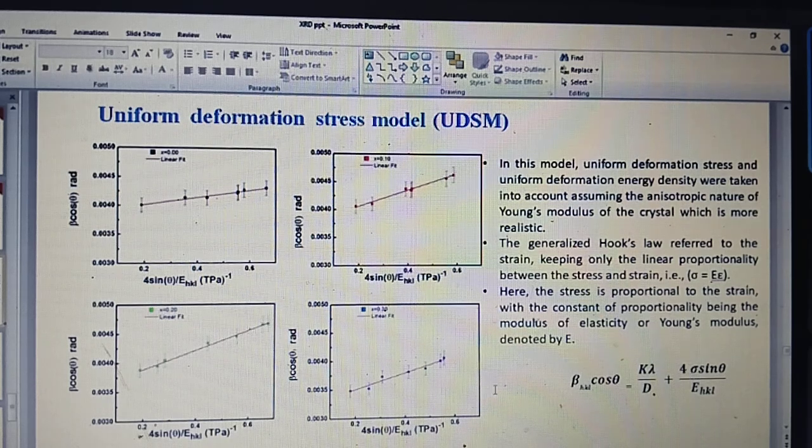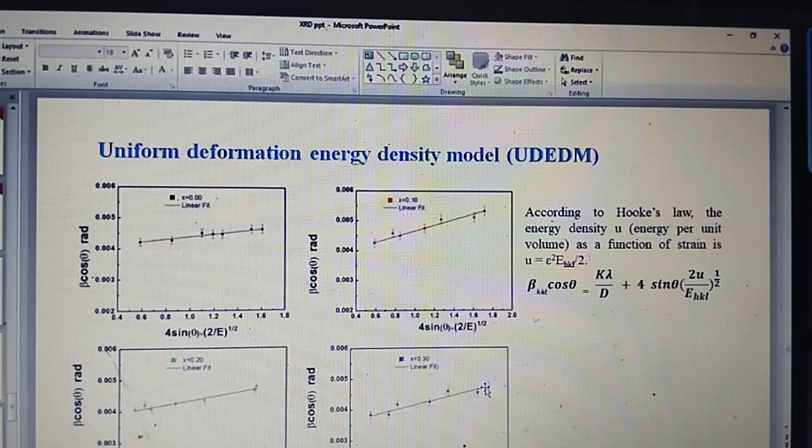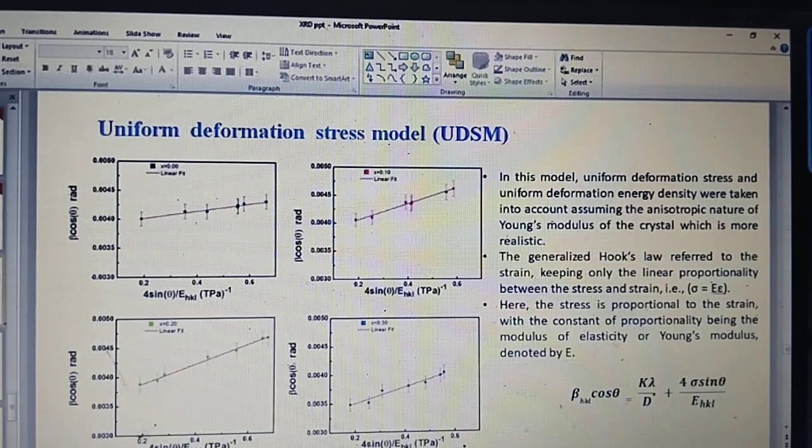So now what we have to do is plot beta cos theta on the y-axis, and on the x-axis 4 sine theta upon E HKL, where E is the Young's modulus.